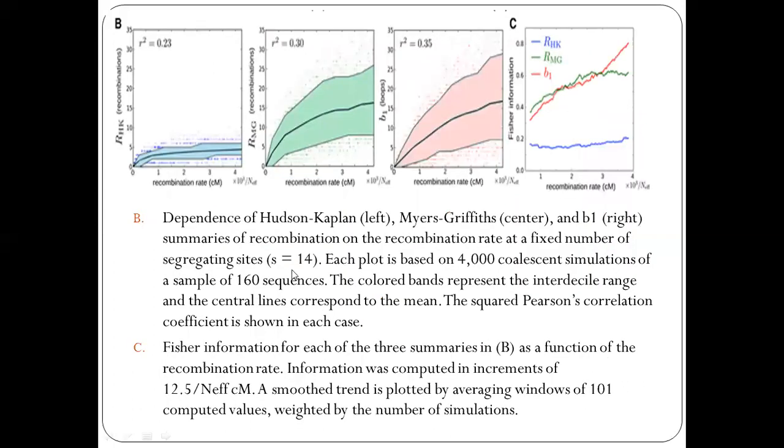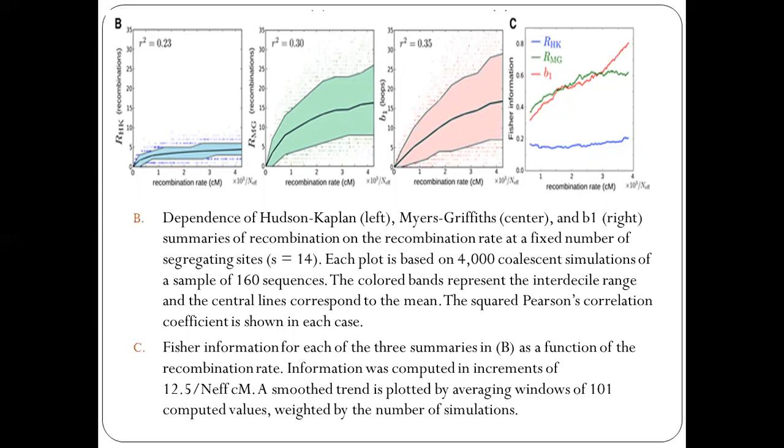Then we see a few more graphs related to the recombination rate. Dependence of Hudson-Kaplan, Myers-Griffiths, and B1 summaries of recombination on the recombination rate at a fixed number of segregating sites.